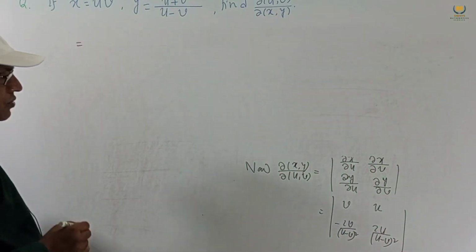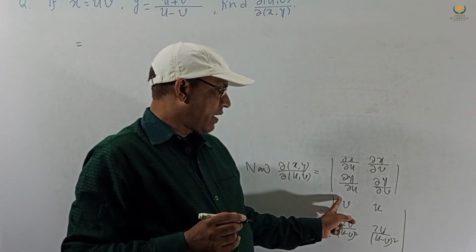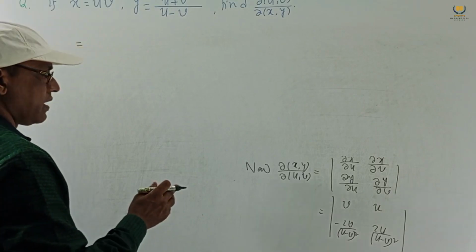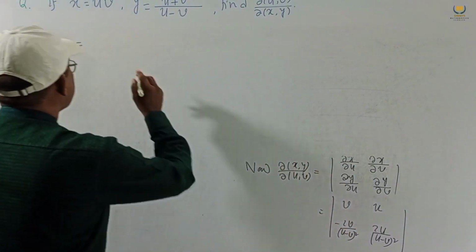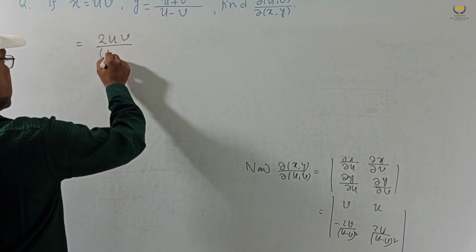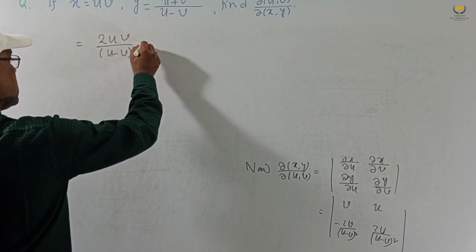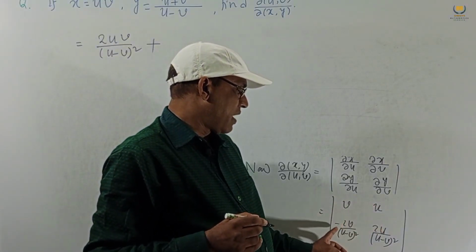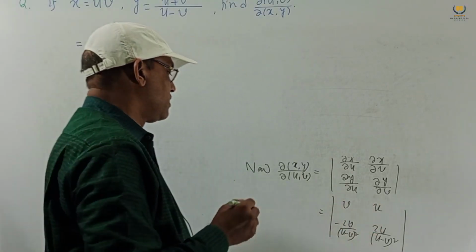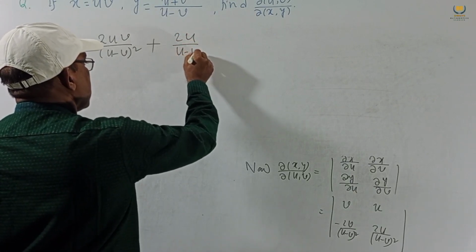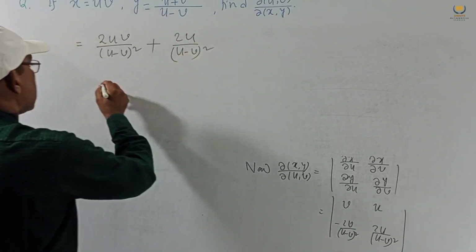We expand this determinant, this into this minus this into this, so we get twice uv by (u minus v) whole square plus twice uv by (u minus v) whole square.